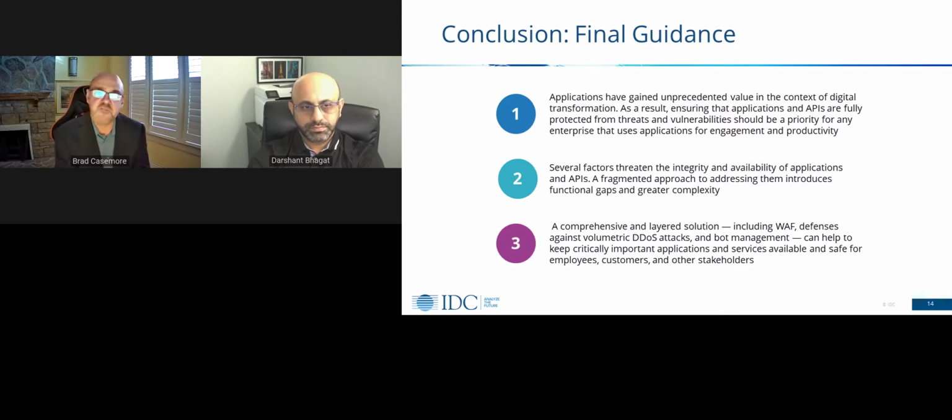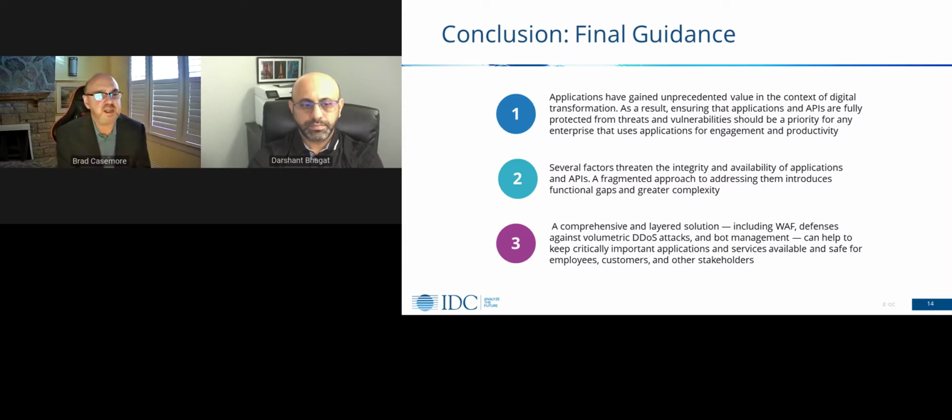Two, several factors threaten the integrity and availability of applications and APIs. And a fragmented approach to addressing that protection introduces functional gaps and greater complexity. And complexity is the enemy of agility. As I said earlier, we still want to move fast, but we want to do it with control.